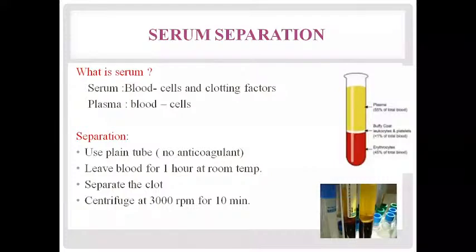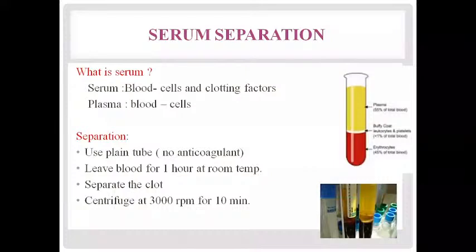Then the clotting will take place, and now there will be centrifugation of the same sample. Then you can see, like what you see there, you get layers which are clearly indicated.